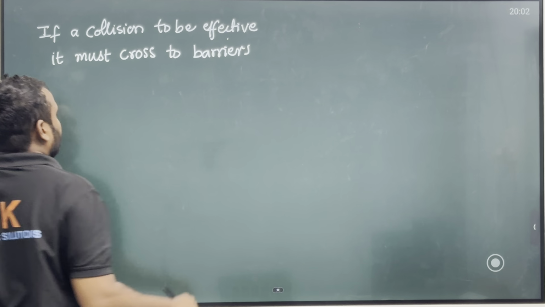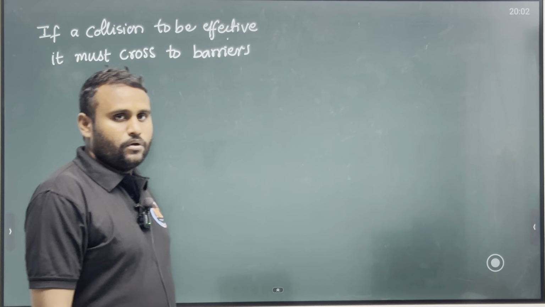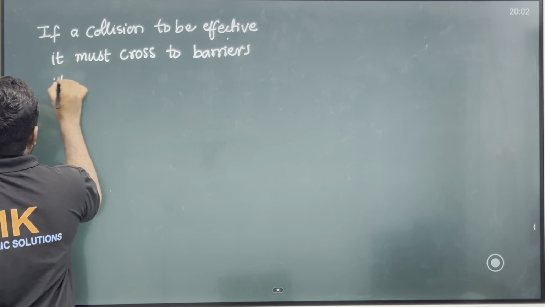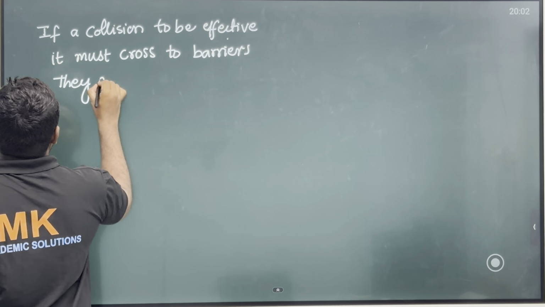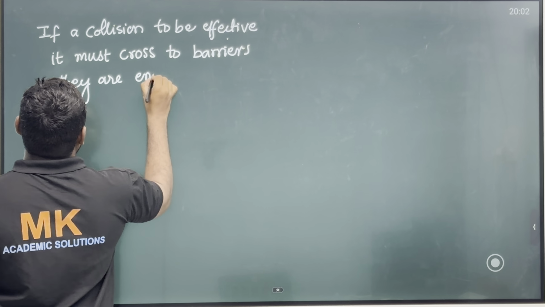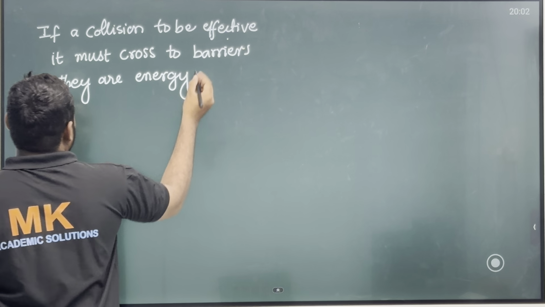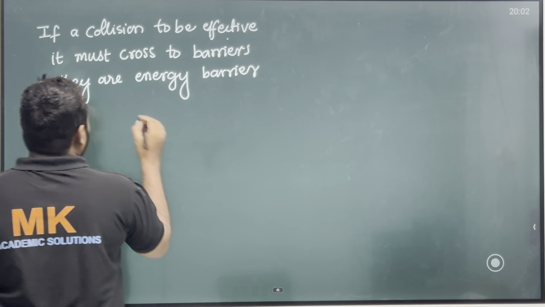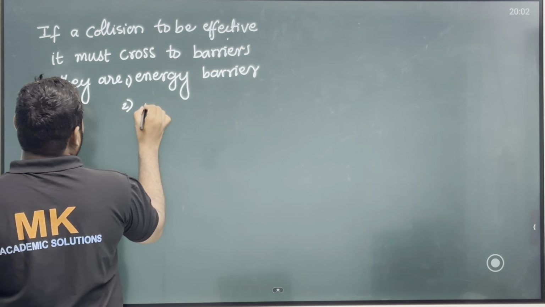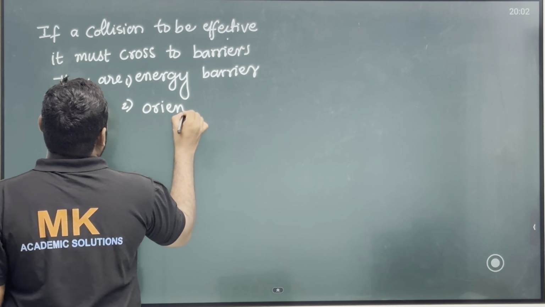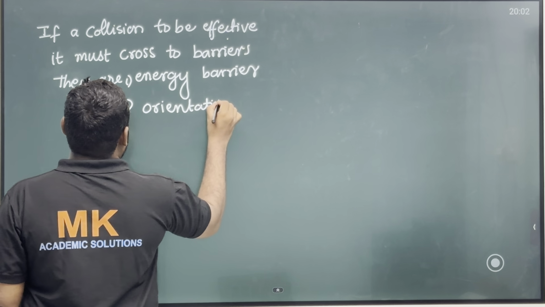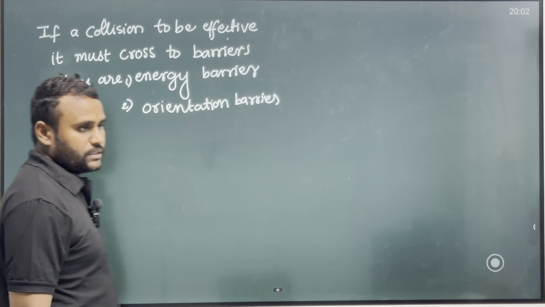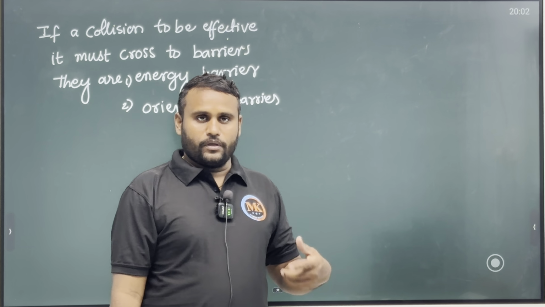So what are the two barriers? They are the energy barrier and the orientation barrier. These two barriers it must cross if it wants to give a product.